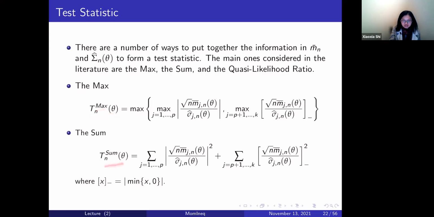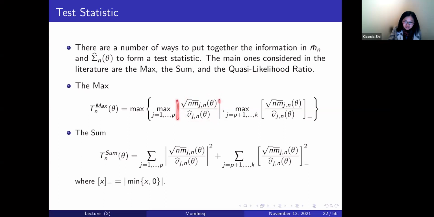So different test statistics are different ways to put together the information in the sample average and the variance covariance matrix, right? So these are different ways to measure how much the moment equalities and inequalities are violated in finite sample, or M n bar, right? So the max statistic takes the maximum of the violations to the moment equalities and inequalities. For the first P moment conditions, these are equalities. So as long as M n bar j is non-zero, we can say that is a violation in finite sample.